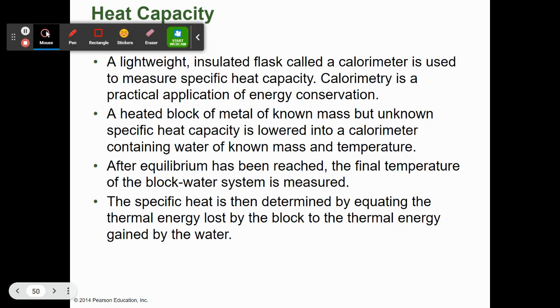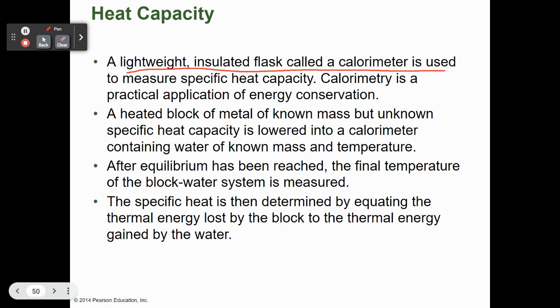All right, so how can we measure heat capacity? We use an instrument called a calorimeter, and a calorimeter is basically measuring the energy conservation. It's going to be insulated, so you'll have a certain temperature of the substance in there, you'll put in a new substance, and you'll measure how the temperature changes over time.